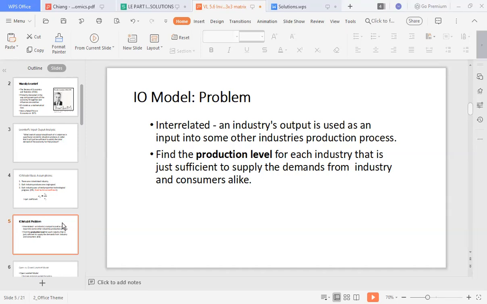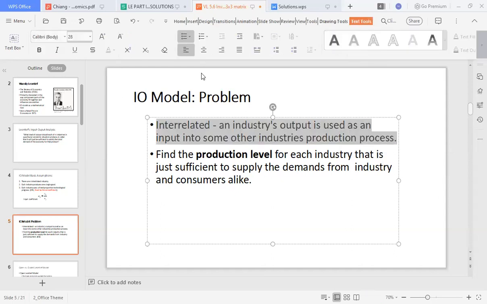For example, if we're dealing with three sectors: manufacturing, agriculture, and services, it means that the agricultural sector will use some inputs from the other two sectors, which is manufacturing and services, and it could also use its own input to produce an end level production output.